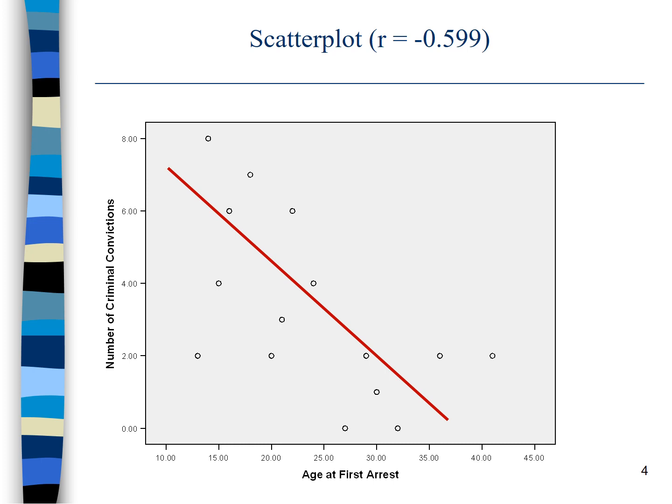I mean, obviously all the points aren't perfectly on that line, but it is a pretty good summary of this type of association we see. And in fact, sort of consistent with our hypothesis, we notice that this straight line is on a diagonal and it has a negative slope. So this should be pretty indicative of a negative association between age at first arrest and number of criminal convictions for our sample.